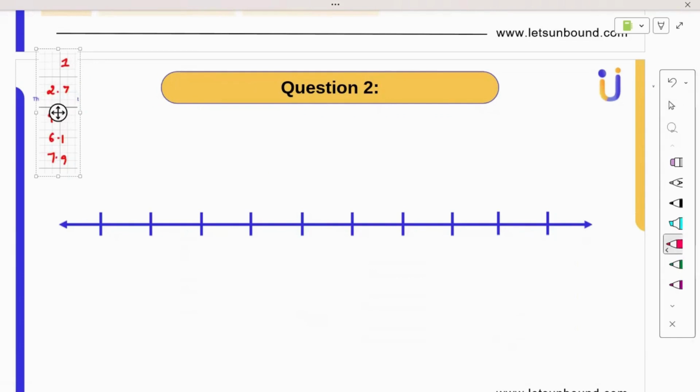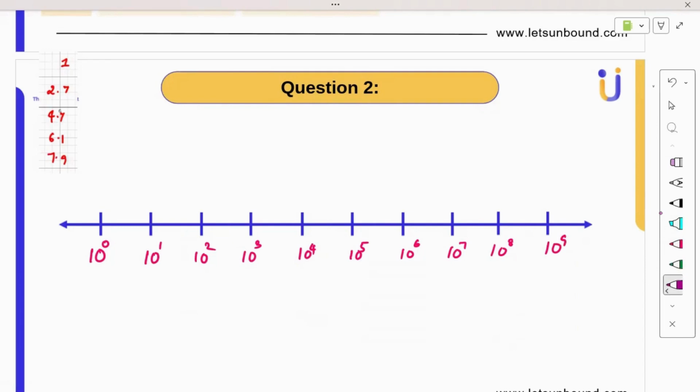How to name the scale? They said base 10. You should start from 10 power 0, 10 power 1, 10 power 2, 10 power 3, 4, 5, 6, 7, 8, 9, as we need till 8. And 10 power 1 is exactly where I got 1, so you should mark that.